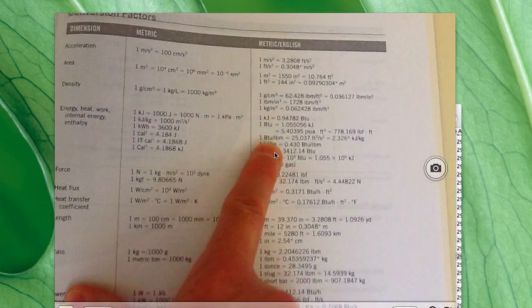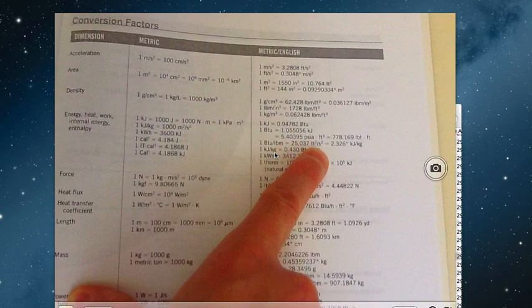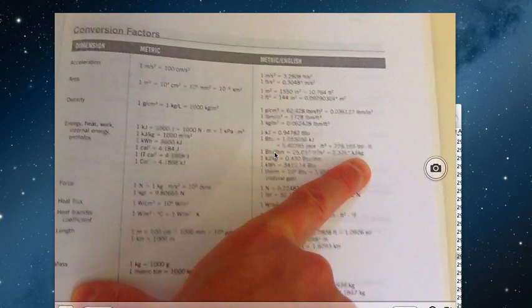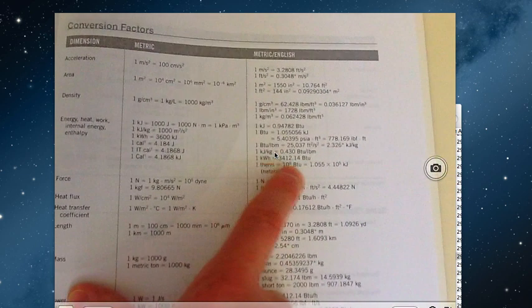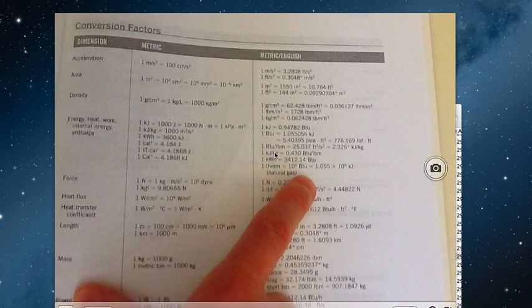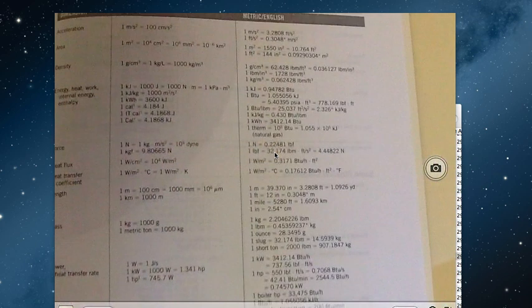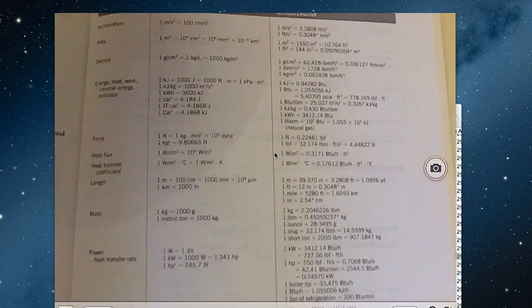And then there are some others, such as BTU per pound mass into feet squared per second squared, kilojoules per kilogram, kilowatt hour into BTU. All of these will most likely come up throughout the semester.